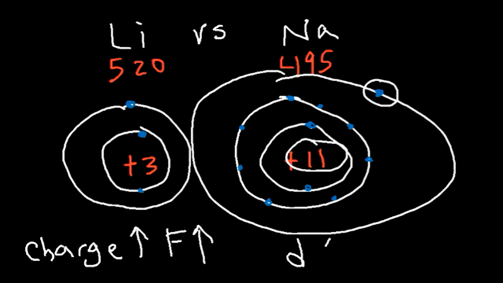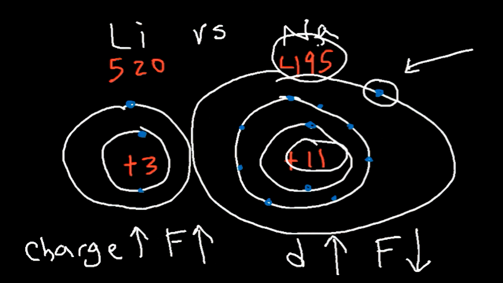So if you increase the distance, the force greatly decreases. And so because this electron is very far away from the nucleus, it's relatively easy to remove that electron. And that's why sodium has a slightly lower ionization energy than lithium. It's because of the increased distance between that electron and the nucleus, even though it has a higher nuclear charge.